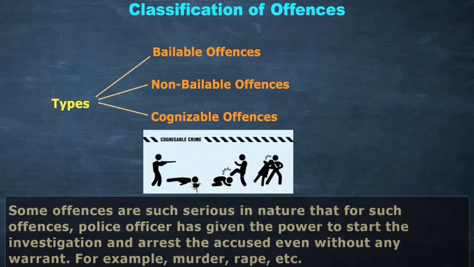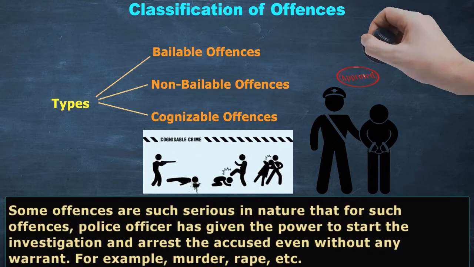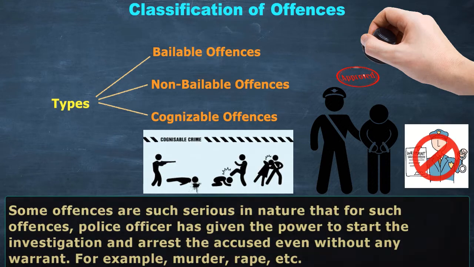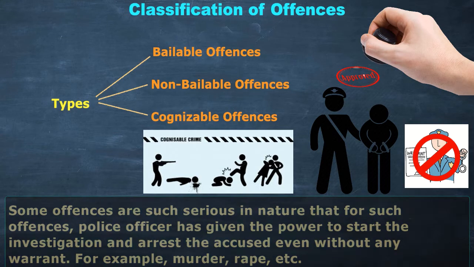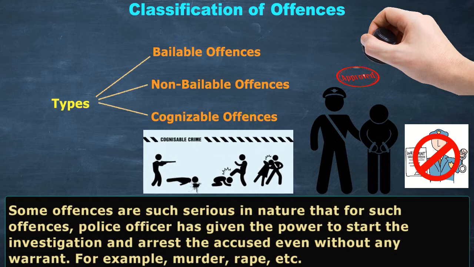Some offenses are so serious in nature that for such offenses, a police officer has been given the power to start the investigation and arrest the accused even without any warrant. Pay attention. In respect of cognizable offenses, police have the power to start investigation and arrest the accused without warrant.